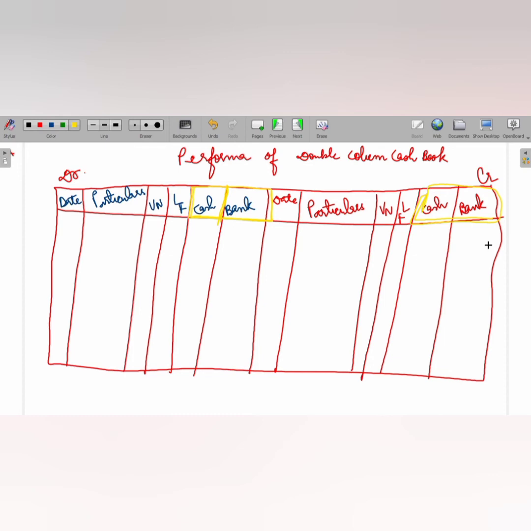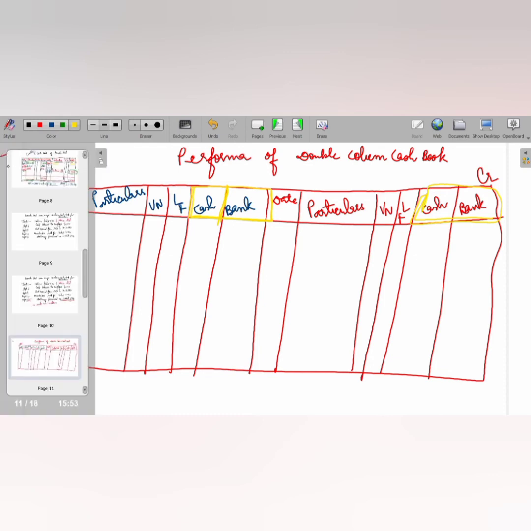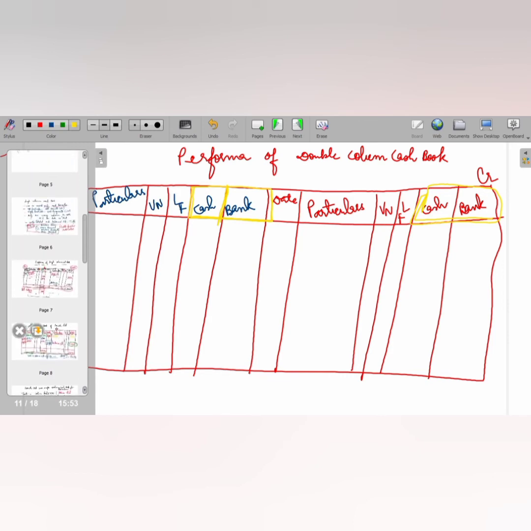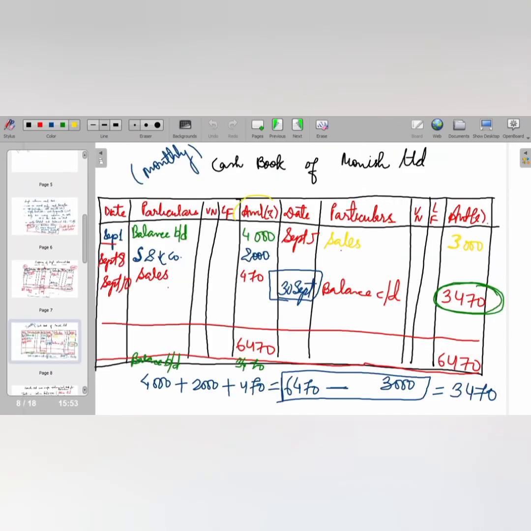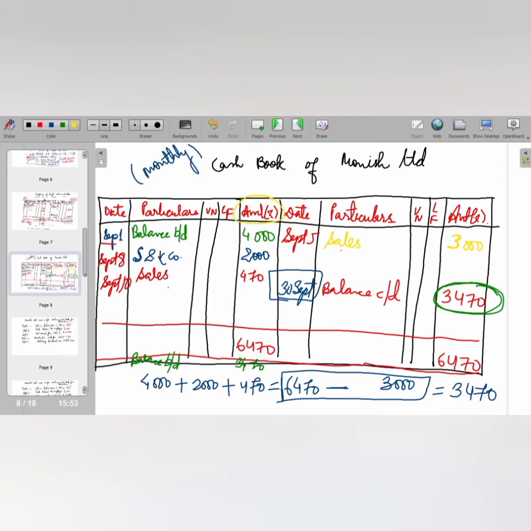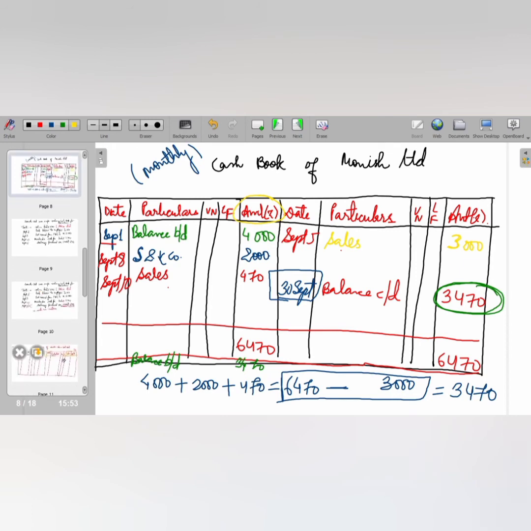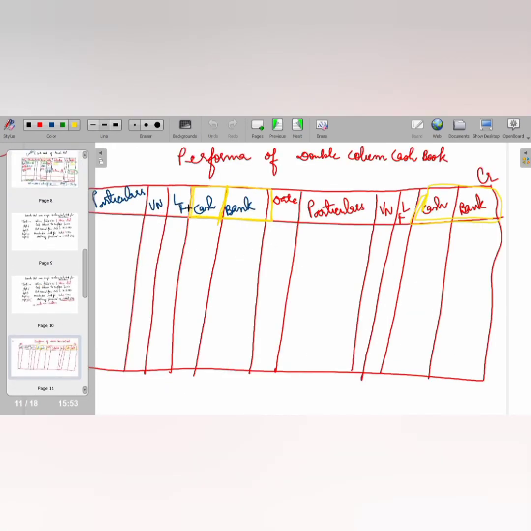In the single column we see only one column of amount. Let me show you again. See, only one column is here, amount, right? And in double column we have two columns, okay? One is cash column and the other is bank column. Fine.